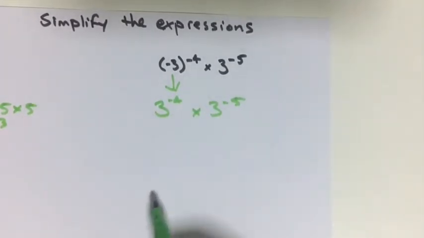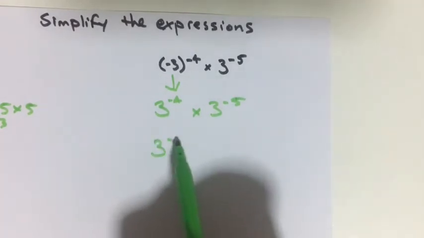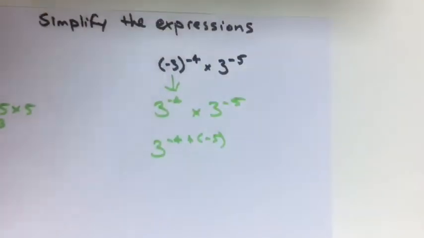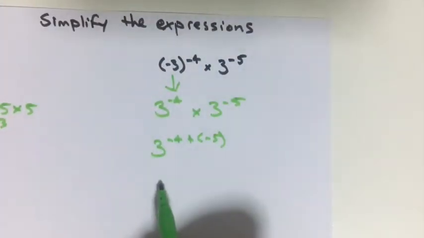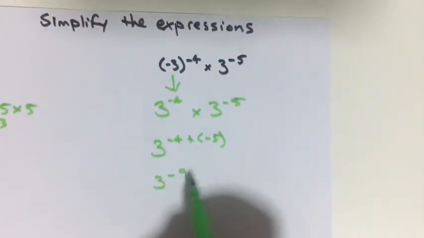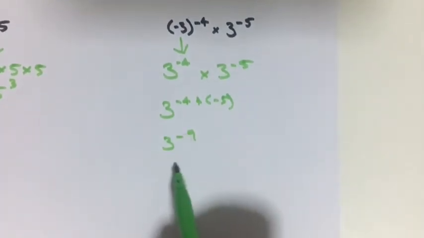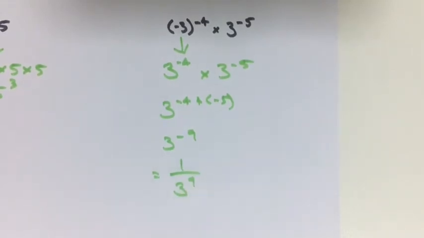Multiplying, so we add. We have 3 to the negative 4 plus negative 5, and that's going to come out to 3 to the negative 9. No negative exponents, so that's going to be 1 over 3 to the power of 9.